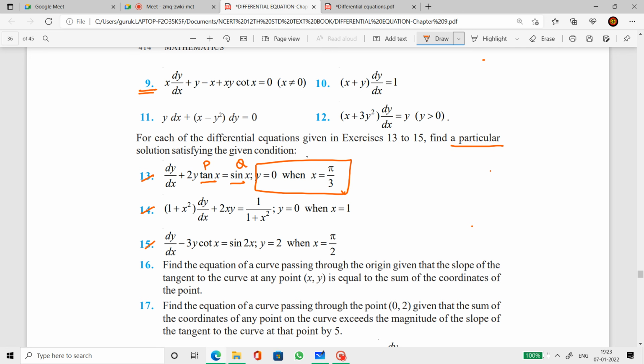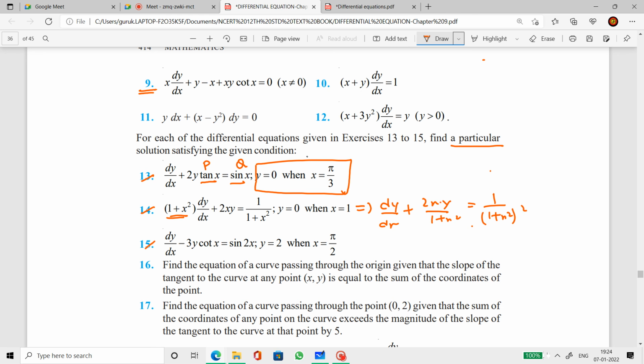We already had the particular solution model in homogeneous type as well as in variable separable. Question number 14 is similar to question number 8. So 1 plus x square, we divide by 1 plus x square here. So this will change to dy by dx plus 2xy by 1 plus x square equals 1 by 1 plus x square the whole square.